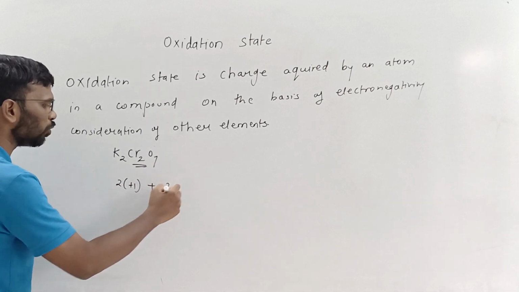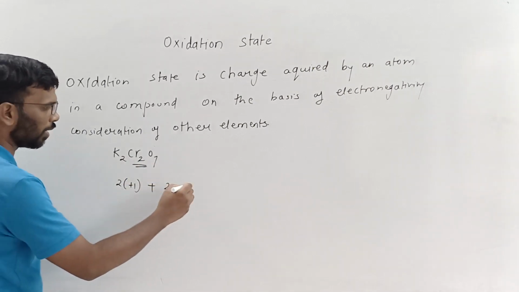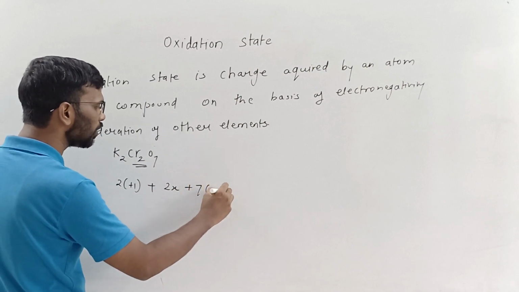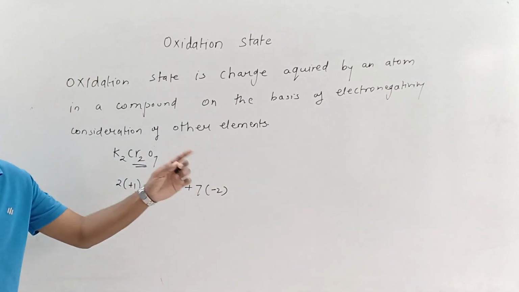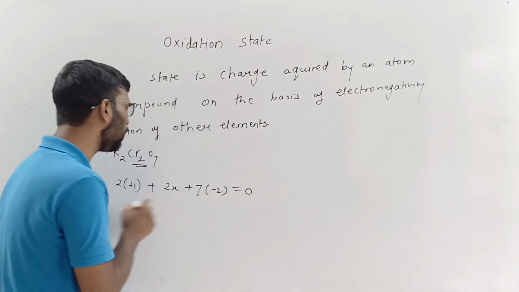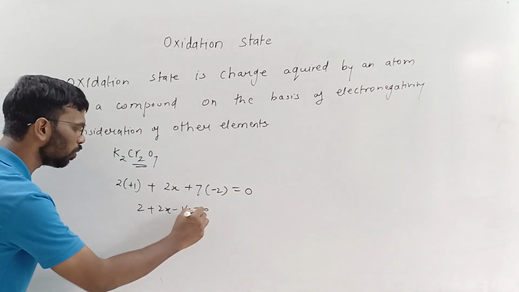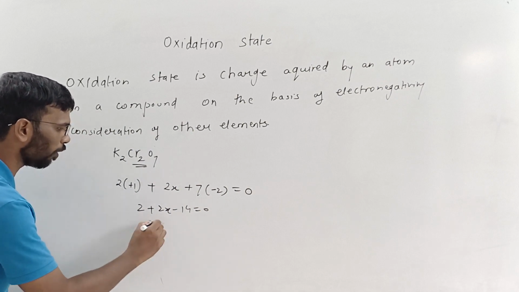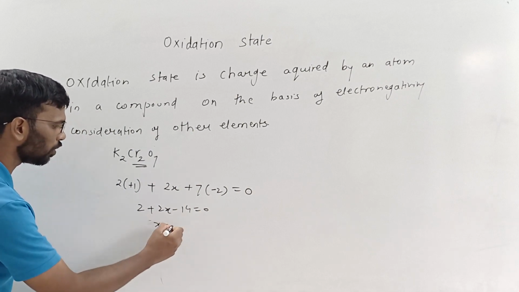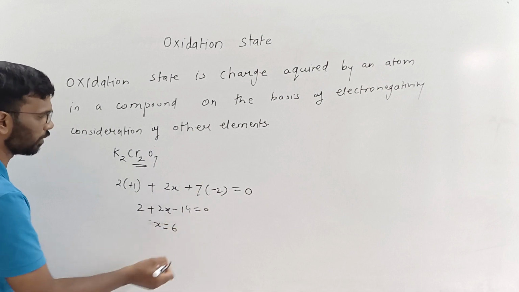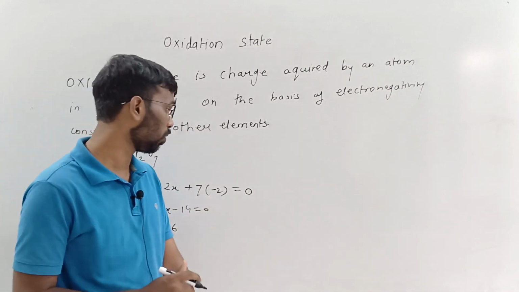Chromium I don't know, that's why I put 2x, because 2 chromiums are there, plus 7 oxygens, and oxygen is considered to be -2. This -2 you have to remember. This is equal to 0, because it is a neutral compound. So 2 plus 2x minus 14 is equal to 0. So 2x, therefore x is equal to 6. So chromium over here is in +6 oxidation state.